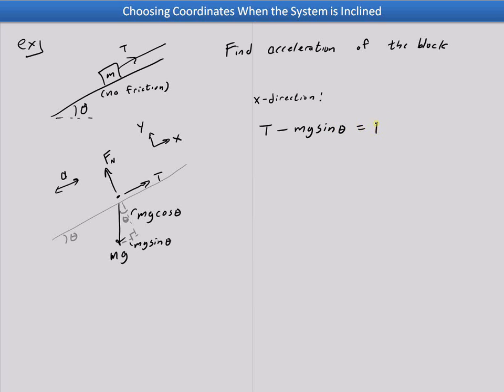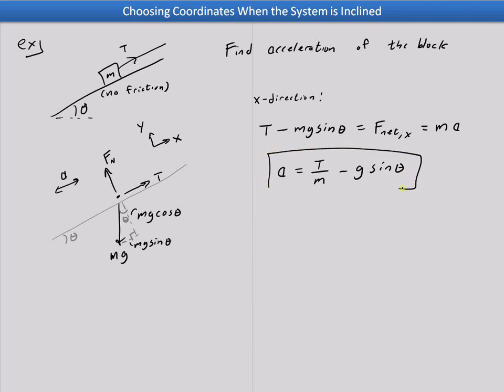Those are all the forces, so that's the net force in the x direction, which is equal to the mass of the block times the acceleration. To solve for acceleration, we just divide both sides by mass. The acceleration is equal to tension over mass minus little g times sine theta.